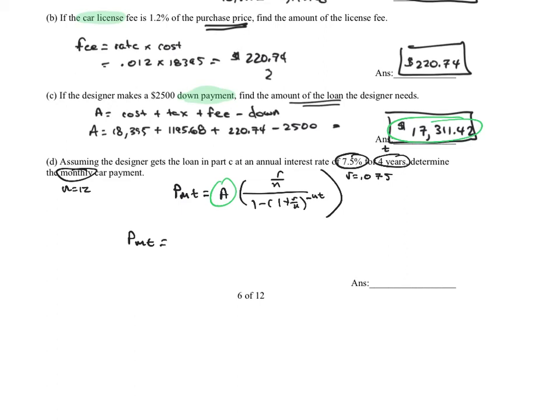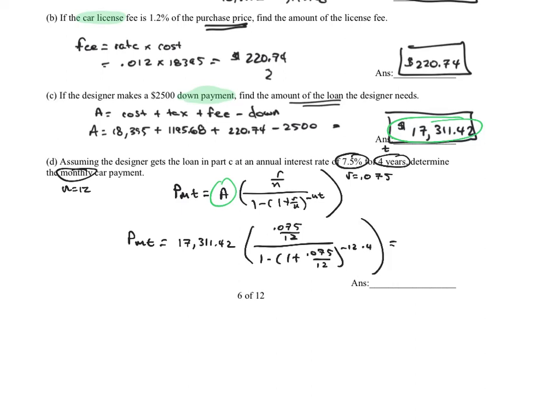So let's go ahead and put it all together, plug in the numbers. I have PMT equals the $17,311.42 times R, which is 0.075, divided by N, which is 12, all over 1 minus, in parentheses, 1 plus 0.075 divided by 12, raised to the negative 12 times the length, which was 4 years.